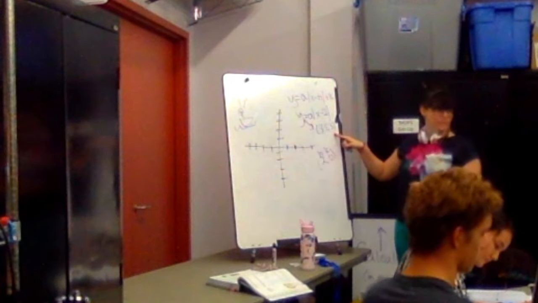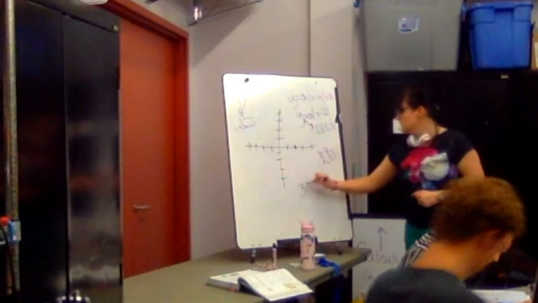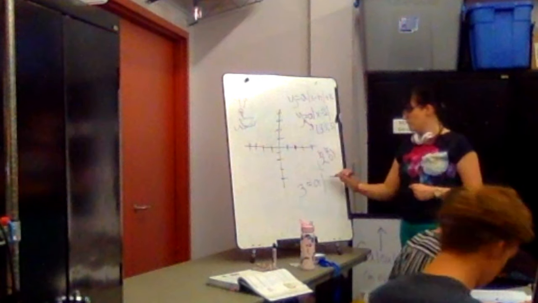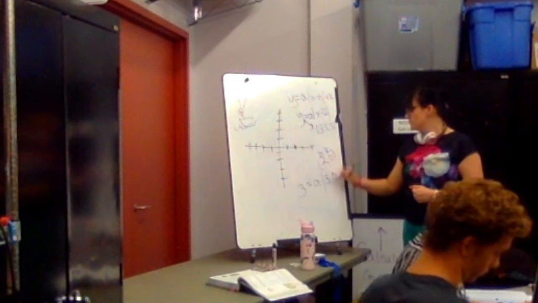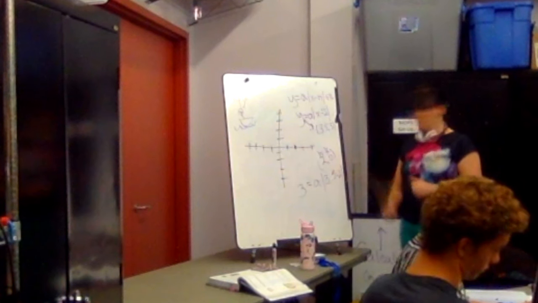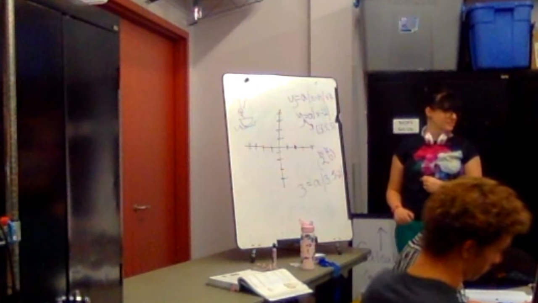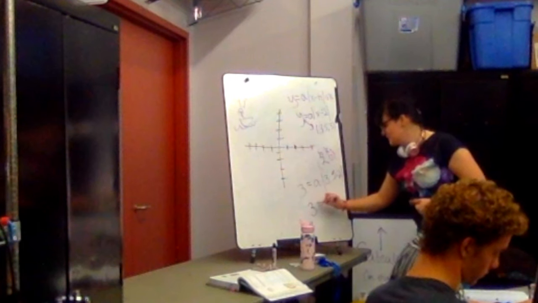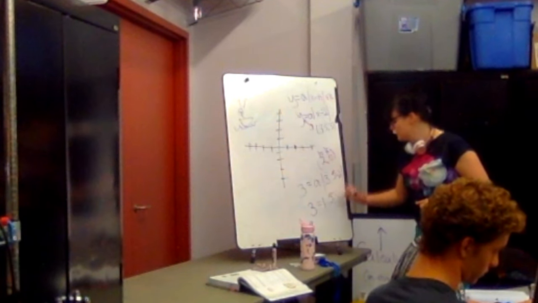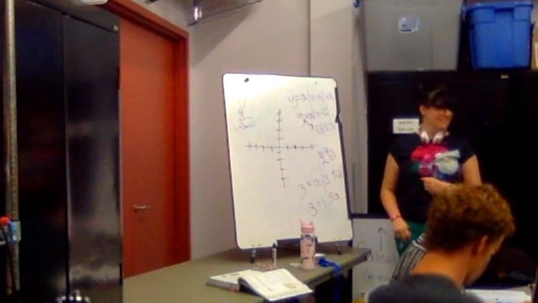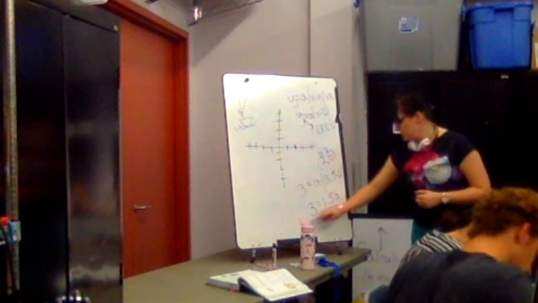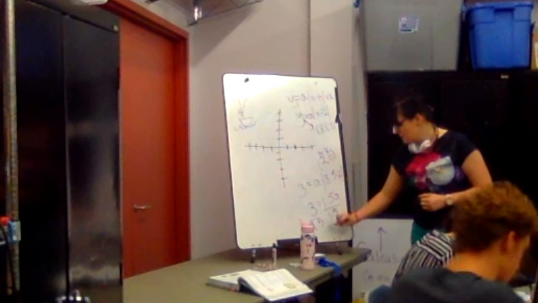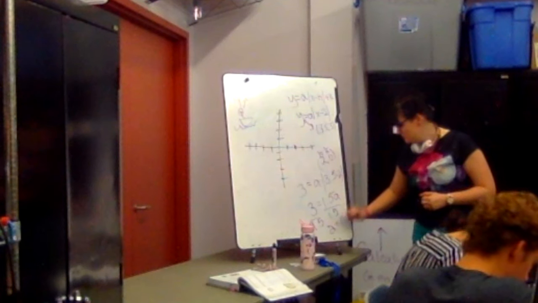So my y is 3. 3 equals a times the absolute value of my x, 3.5 minus 2. What's 3.5 minus 2? Yeah! So 3 equals 1.5a. Divide both sides by 1.5. And my a is 2.